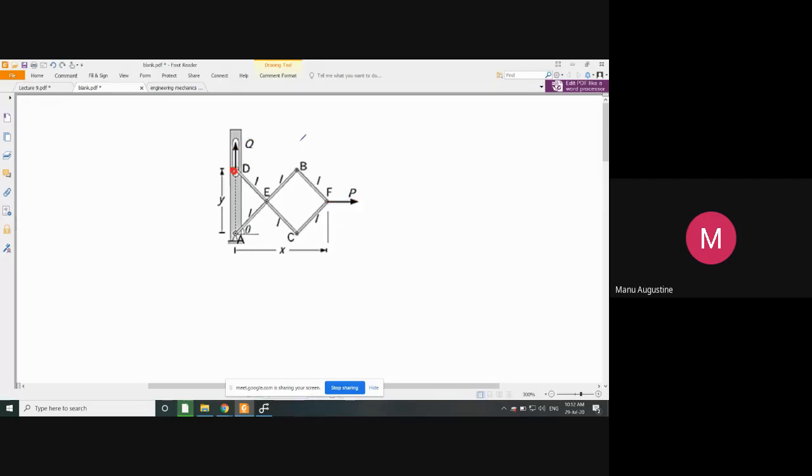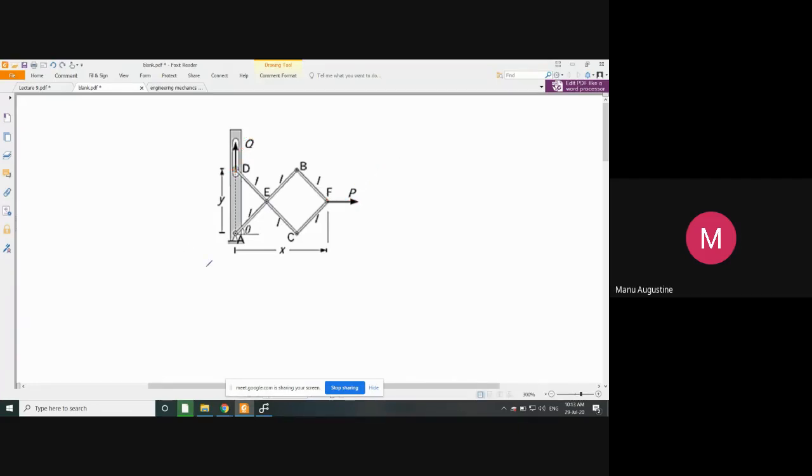So the problem is simply that कितना Q लगा के रखूं मैं इस जगह पे जिससे कि यहाँ पे P लगाने के बावजूद ये लिंक चल ना पाए. In other words, the linkage or the mechanism becomes or comes into equilibrium. So what should be the value of Q in terms of P? Okay, this is the question.